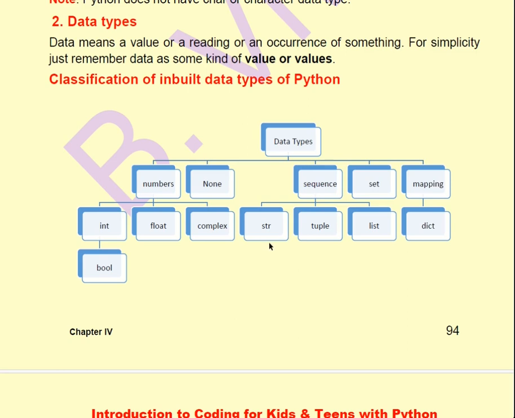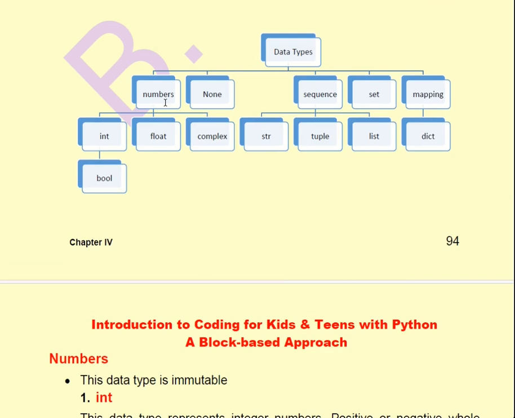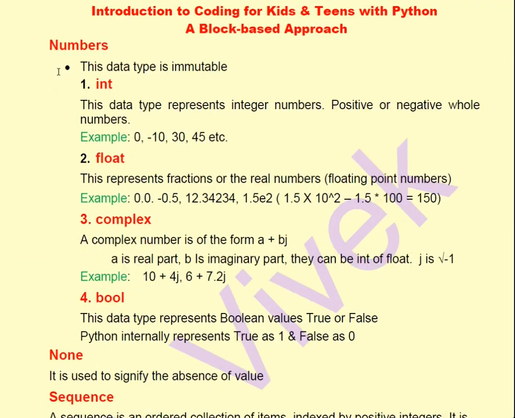The various sequences are str, that is string, tuple, and list. Then we have the set data type. We have mapping, dict. Let us go into details of numbers now, the first data type. This data type is immutable. Immutable means the value cannot be changed. We are going to learn about mutable and immutable shortly.